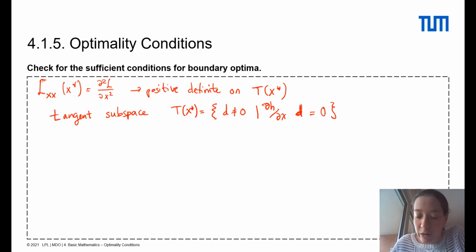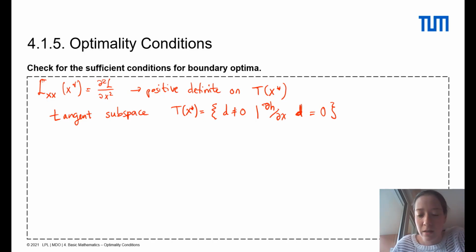What we want to do with this is basically we know now that it's a minimum on this plane that we defined by the equality constraint. But we also want to know if it's actually a minimum on this plane, so on this tangent subspace.